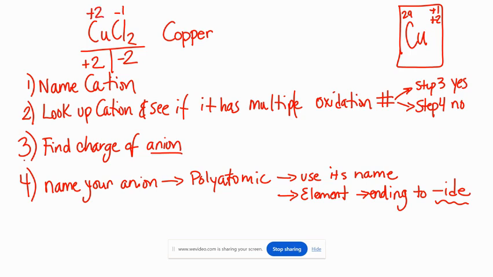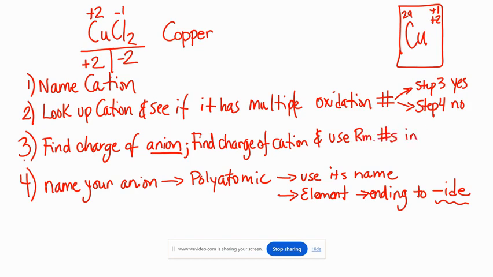Okay, so find the charge of the anion, find the charge of the cation, and use Roman numerals in parentheses to indicate charge.